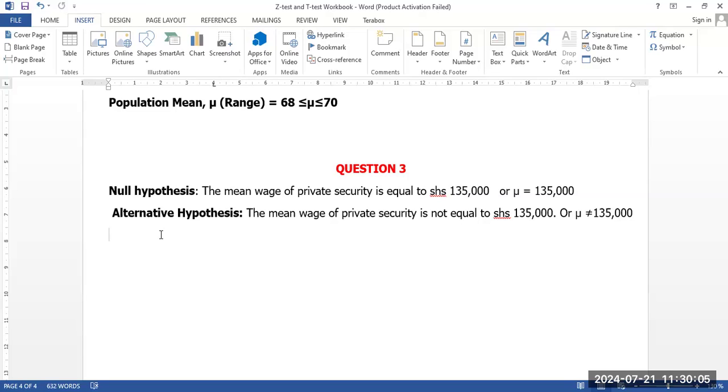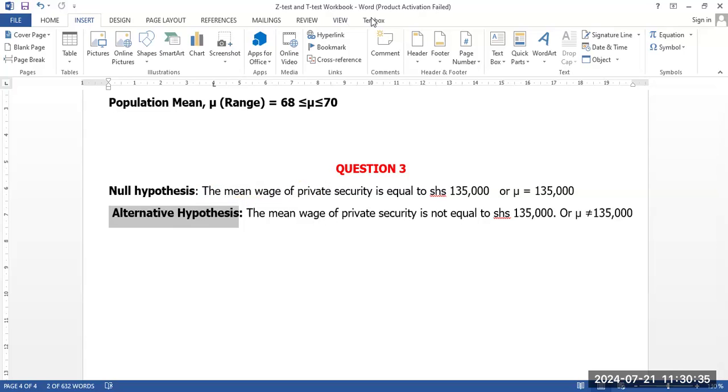For you to confirm that, always look at the alternative. If the alternative does not show the side, then what you're dealing with is a two-tailed test.